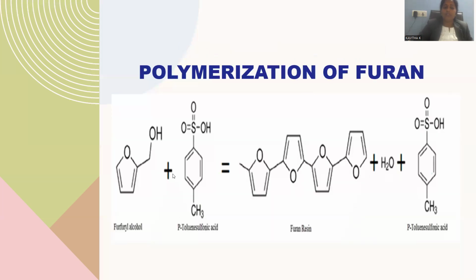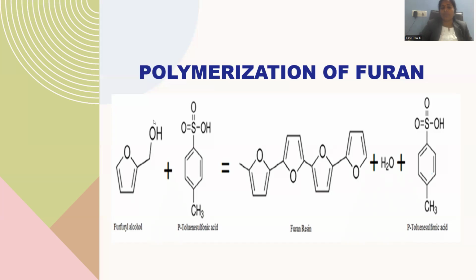The clear reaction for polymerization is manifested over here. This is another application of this furan. Furfuryl alcohol was the starting material, which can be treated with paratoluene sulfonic acid. Paratoluene sulfonic acid is working like a catalyst. It is not part of the reaction, rather it is the catalyst, so it is able to manifest this kind of condensation reaction. Why is it condensation?